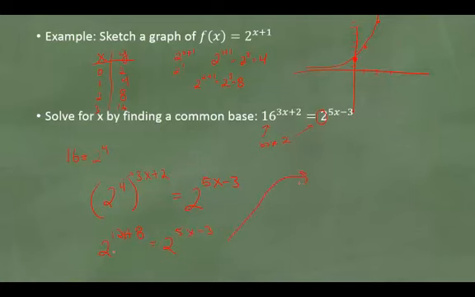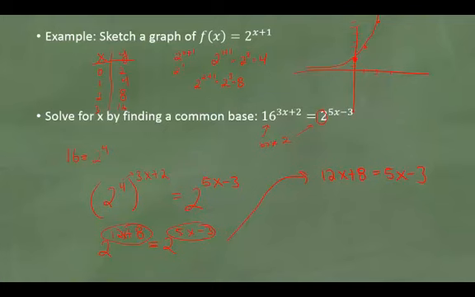Now, because the bases are the same, this 2 and the 2 are the same, and we're looking at an equation, we know that the exponents have to be the same. Right? The bases are the same, so the exponents should be the same. Otherwise, it wouldn't make sense. So we know that 12x plus 8 has to equal 5x minus 3. And now we can solve for x.